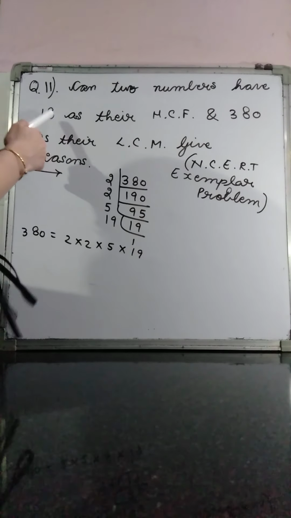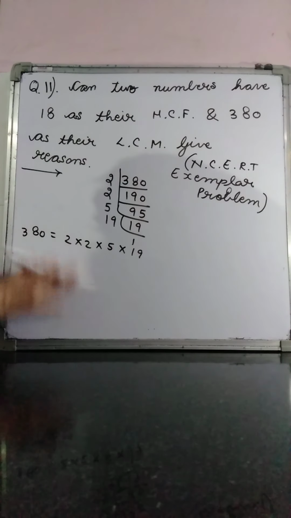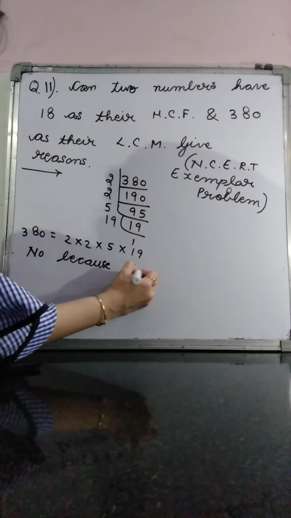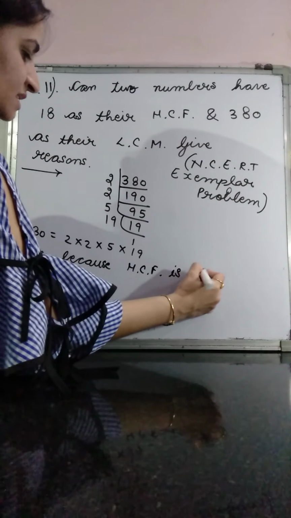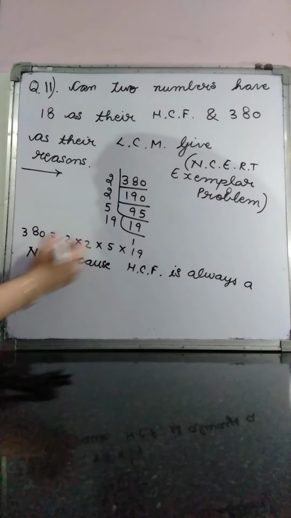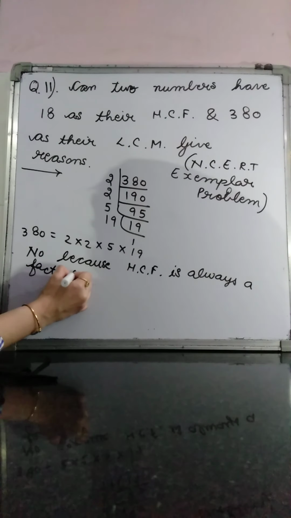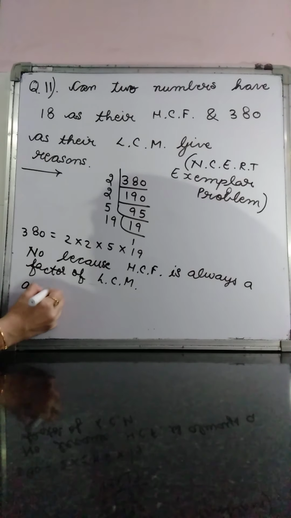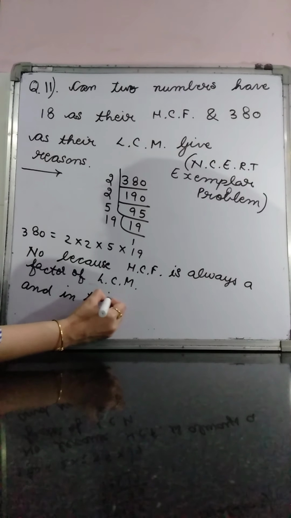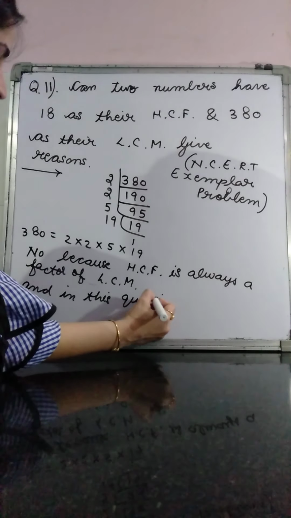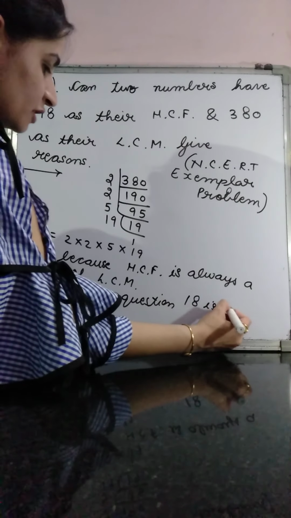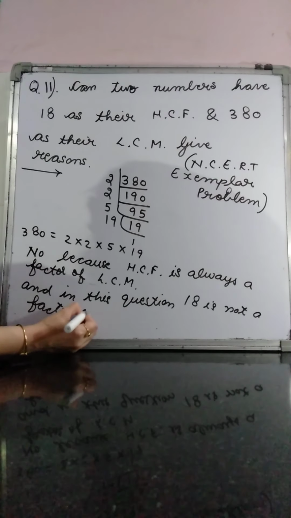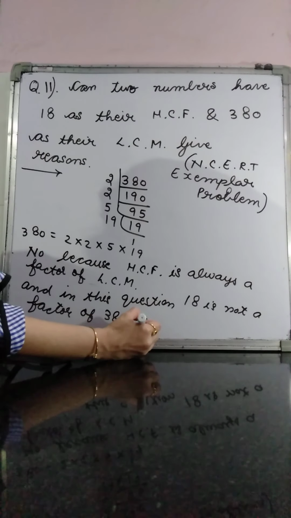Since we do not get 18 as the factor, so the answer is no, because HCF is always a factor of LCM. And in this question, 18 is not a factor of 380. So the answer is no.